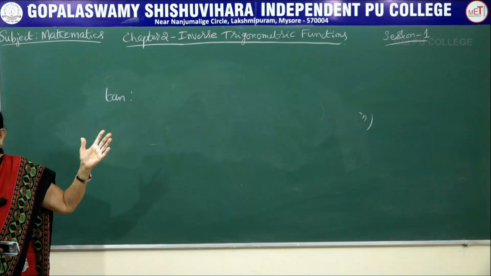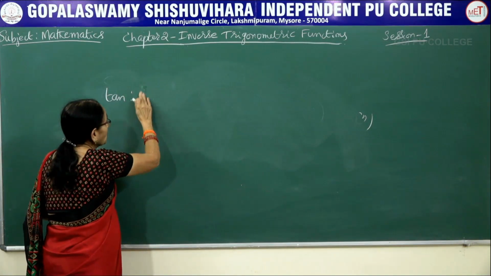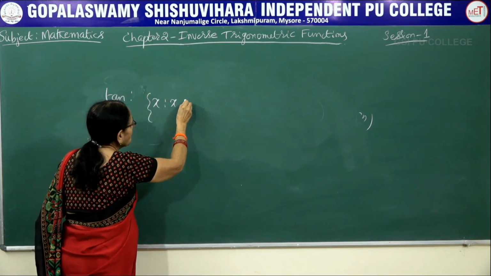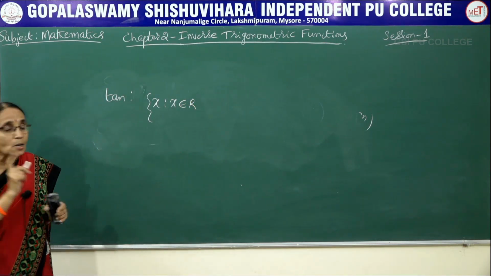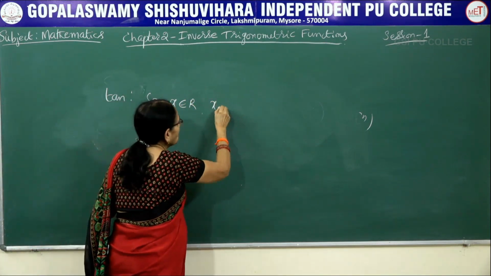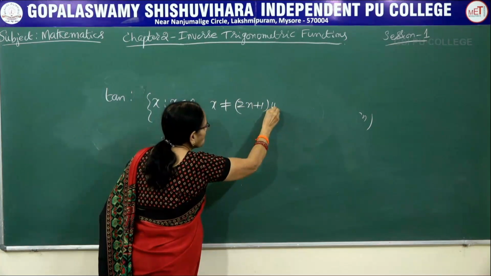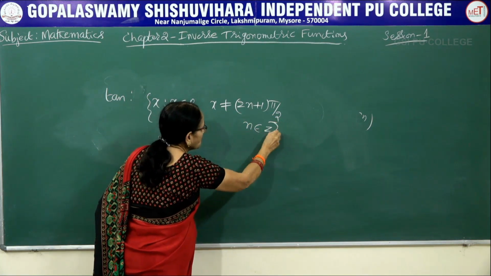If you take tan x here, x takes the real value, that is we can write it as x such that x belongs to the set of the real numbers, but some values are omitted. What are they? x is not equal to (2n plus 1) into pi by 2. What is n here? n is an integer.